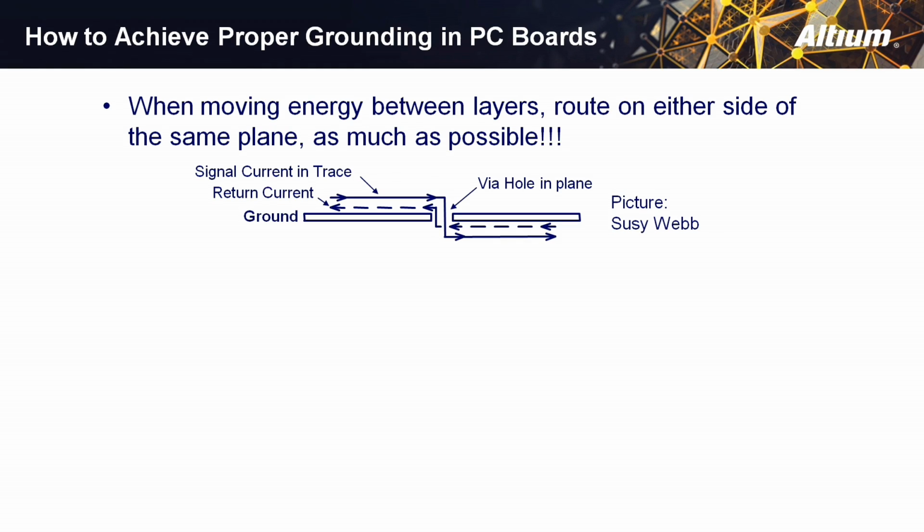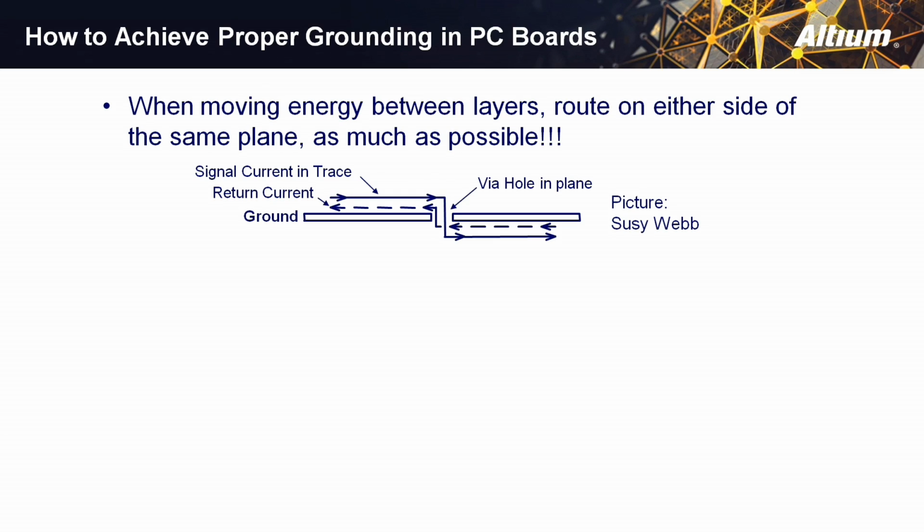You get no field expansion when you do this, and you don't have any worry about fields spreading out and coupling into other things. People ask me all the time, why would circuit A couple into circuit B? They have no commonality between them. There's no connection between them. And the answer is because they're physically close enough together that you somehow have not contained the fields, and the non-contained fields couple from A to B. Same thing happens here.